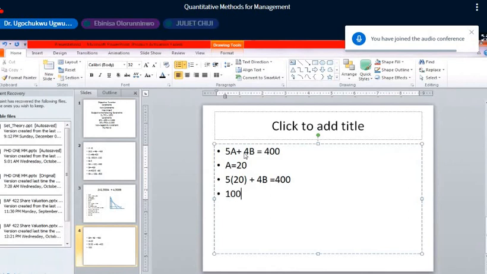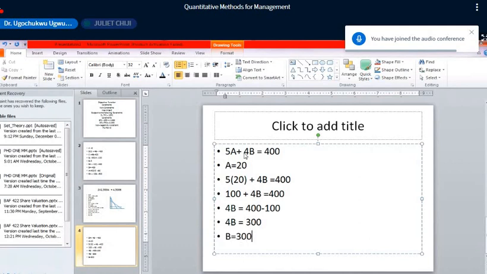So you now have 100 plus 4B is equal to 400. So you now have 4B equal to 400 minus 100. Then 4B will be equal to 300. So B alone will be equal to 300 divided by 4, which will give you 75.